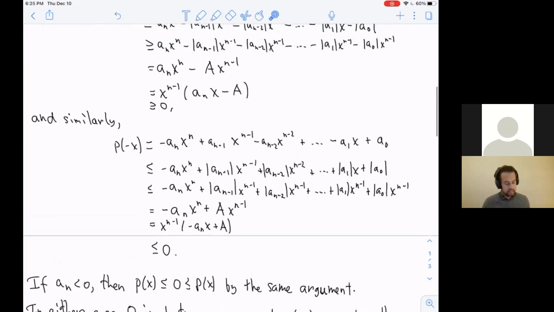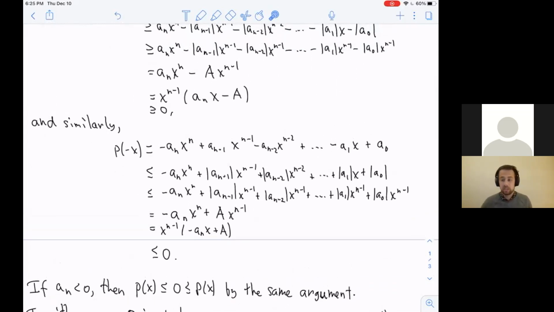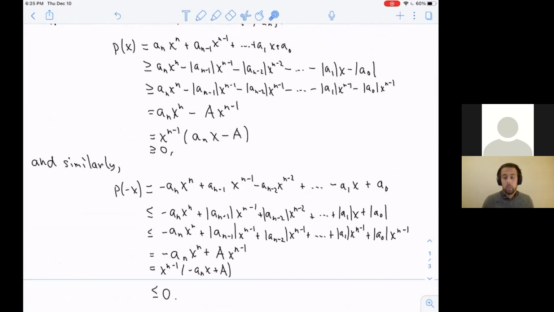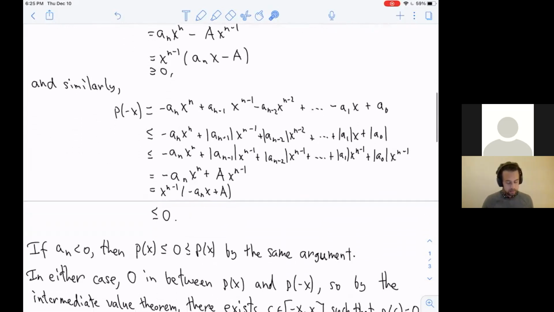Well, I'm not going to show this, but it's exactly the same argument, basically. We would just flip them. If a sub n is less than 0, this would be bigger than 0, and this top one, p of x, would be smaller than 0. So you can work that out for yourself if you would like. But either way, we have p of x and p of negative x on opposite sides of 0. That's the key to this problem.